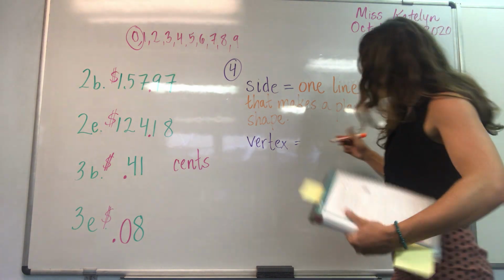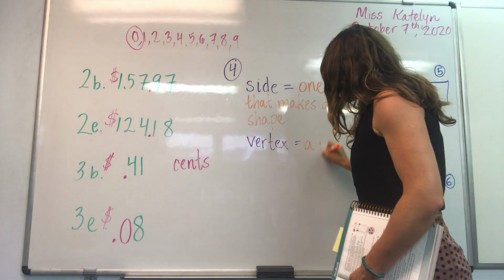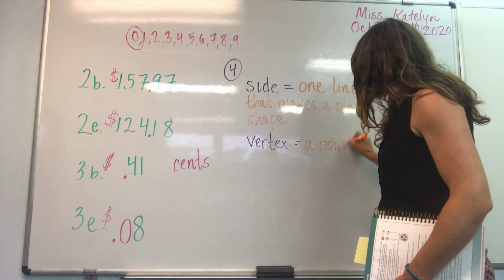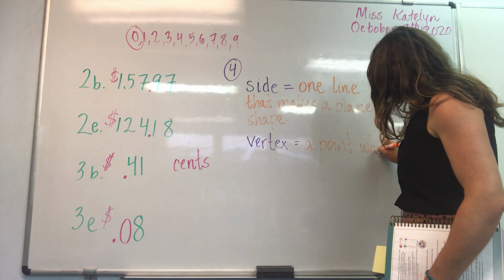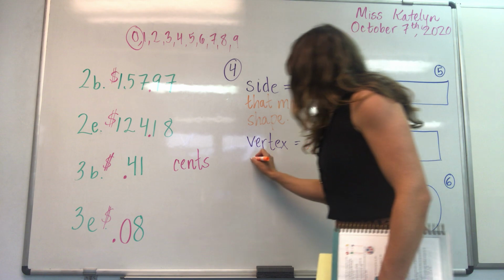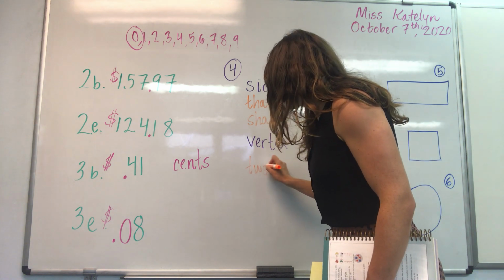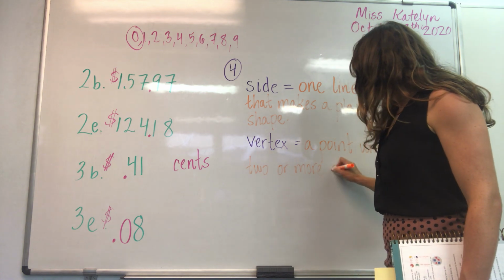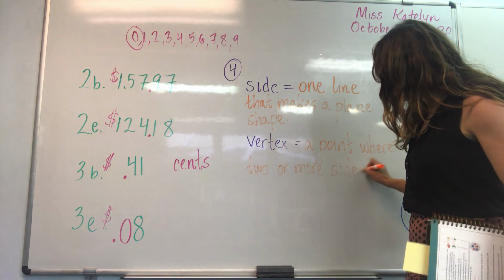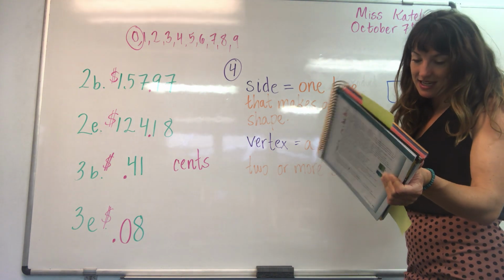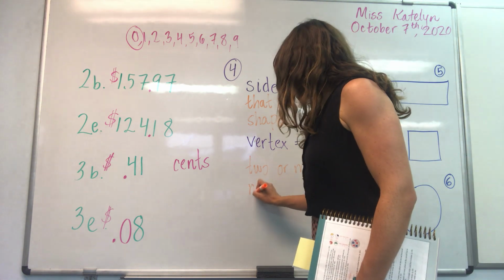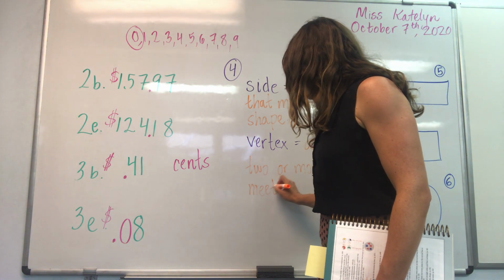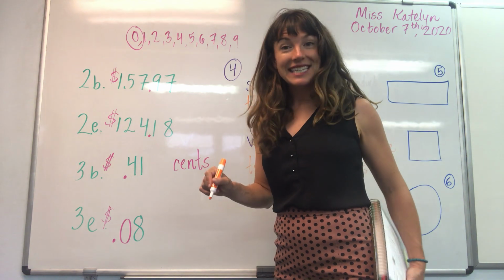A vertex, fancy word, is a point where two or more sides meet, okay? That is the M-E-E-T, not the M-E-A-T.